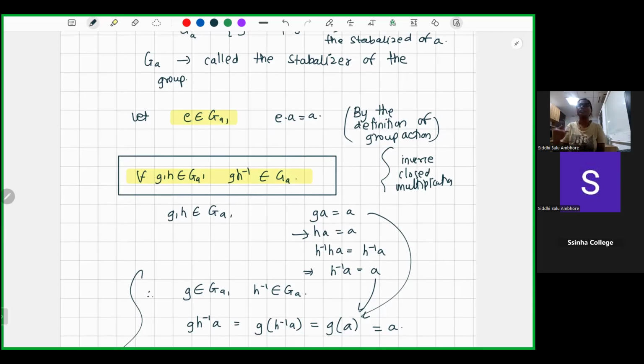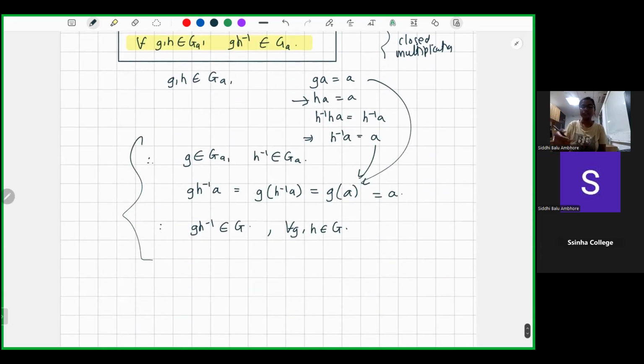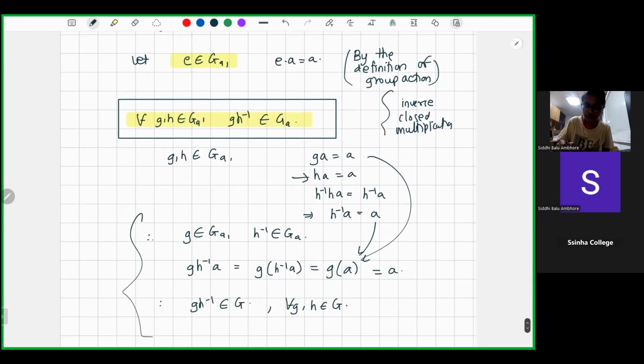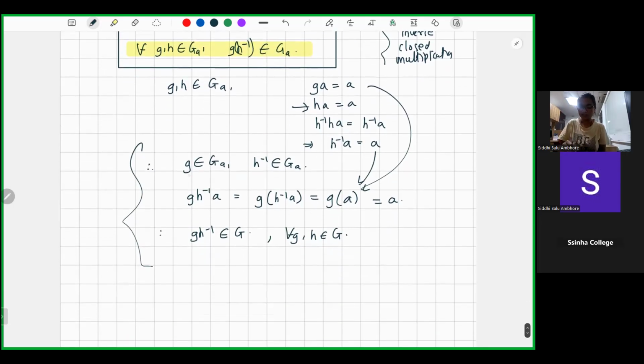And we are just checking for any G and H, if I take them from this set GA, whether GH inverse belongs to GA or not. When I say GH inverse belongs to GA, this is G into H inverse. G is one element, H inverse is one element. And I'm just checking this.